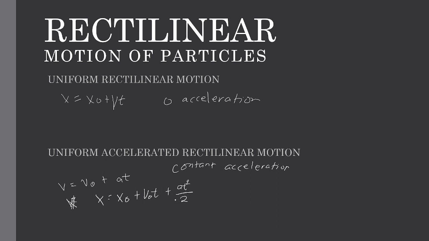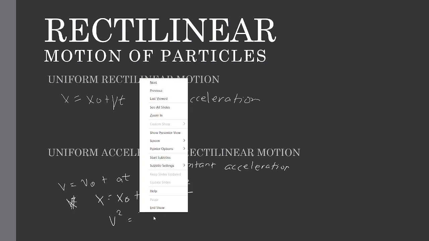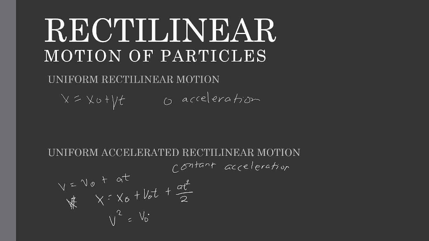And lastly, V squared is equal to V sub 0 squared plus 2a, which is acceleration times displacement, which is simply x sub 2 minus x sub 1. So we have to remember these equations because they are very important.